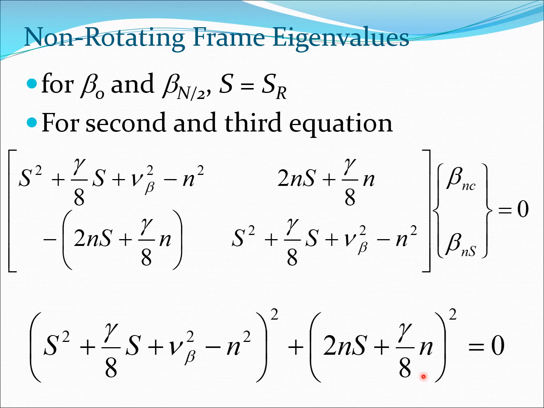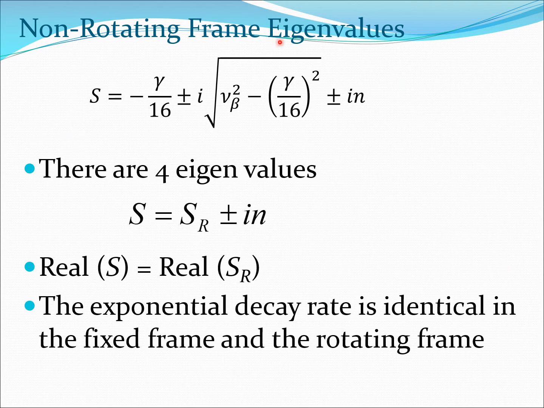So this is the equation we get, this into this minus this into this, so that becomes a plus here. We can solve it, and we get this particular solution.